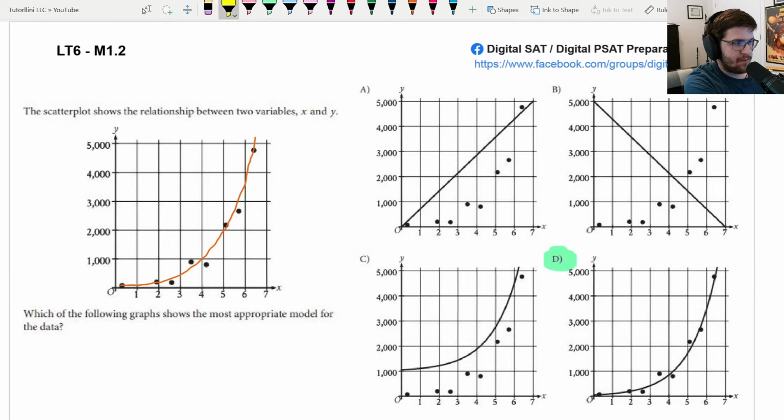So you see A and C are wrong because they don't even have 50% of the data on either side. See, most of the data points are underneath the graph, so that instantly rules those out. And then hopefully you can see with B that even though it does have about 50% of the points on each side, the graph of the line doesn't follow the path where the data is trending in any way, right?